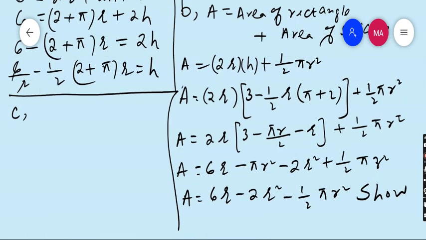Just find the derivative of area with respect to r. It means r plays the role of x. If the derivative of x is 1, therefore the derivative of r is also 1. So the derivative of 6r is 6, minus half pi r square: the derivative of r square is 2r, the 2 cancels by 2, it is just minus pi r.